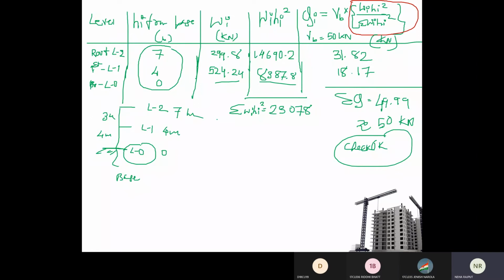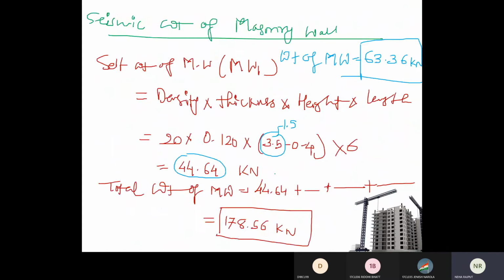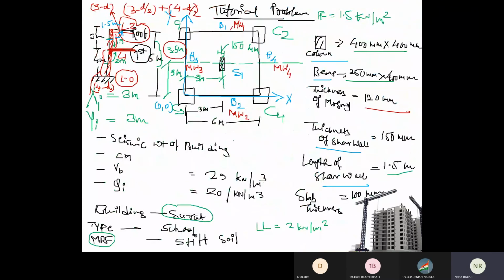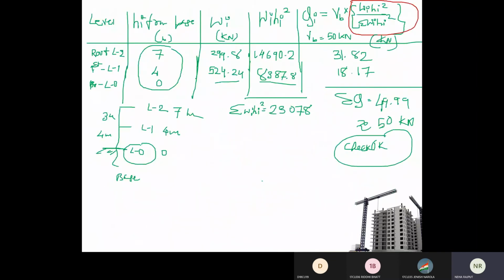Yes. Right. So this is about your full exercise for the tutorial problem, that we can do this manually also if the plan is very small. Okay. So this is center of mass and the weight calculation and base shear calculation.